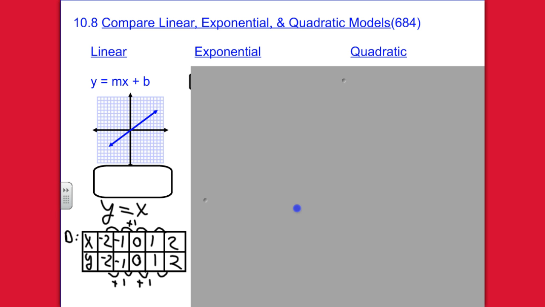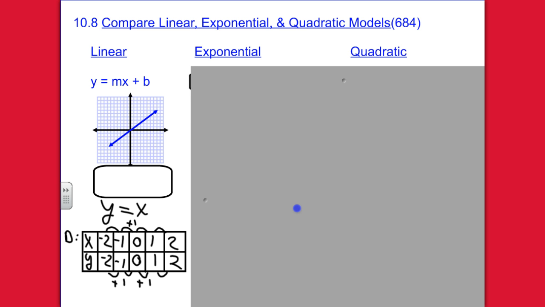So what can we say about linear equations? What kind of math do you see in your range with linear equations? It's a constant addition. Another way to say that would be, what's the difference between 1 and 0? 1. And what's the difference between 0 and -1? 1. So this is actually still a difference, isn't it?